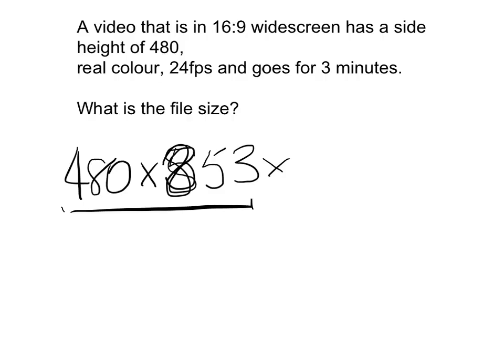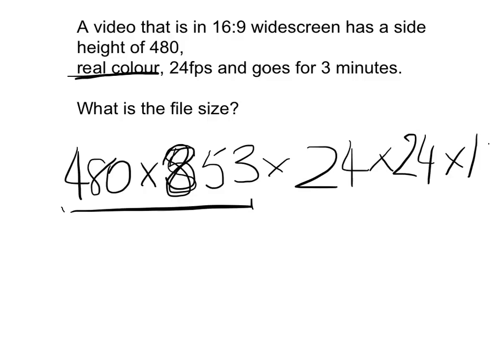We know that the real colour means that there's a bit depth of 24, times 24 frames per second, times 180. And that's the important part that normally students miss, is multiplying it by the 180, which is the number of seconds, not the number of minutes, because our frames are in frames per second, not frames per minute.